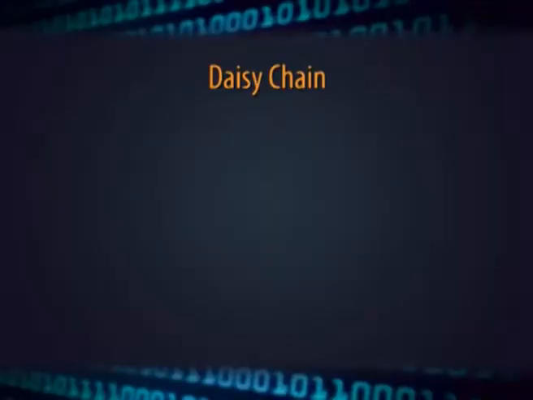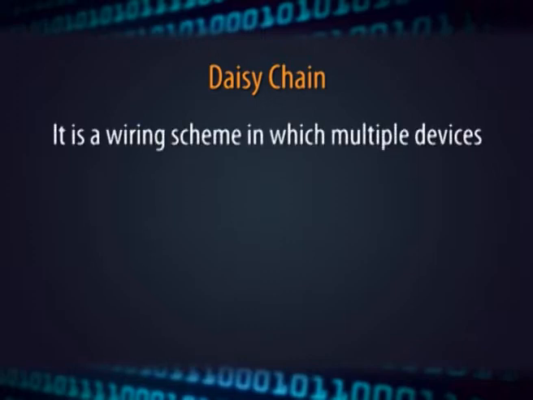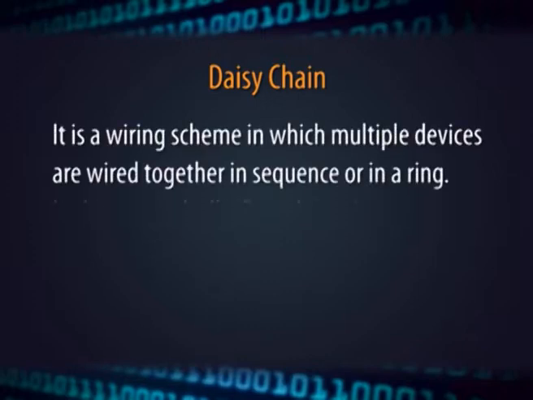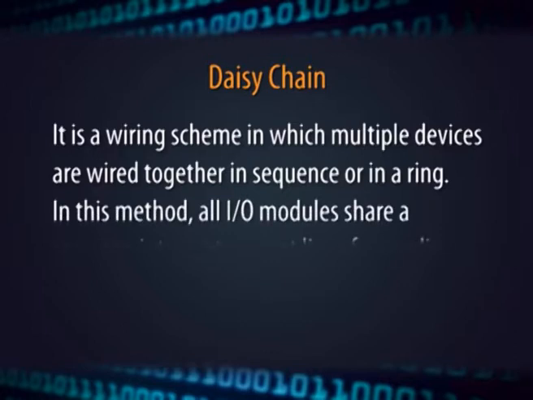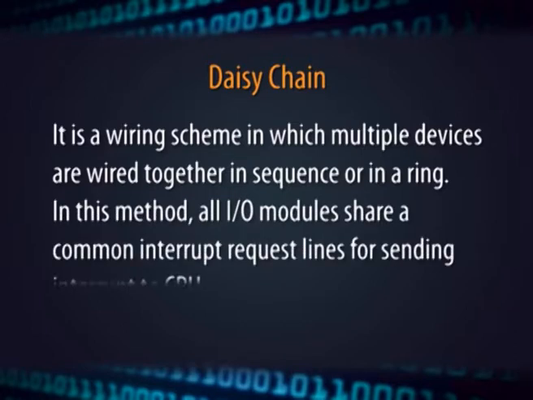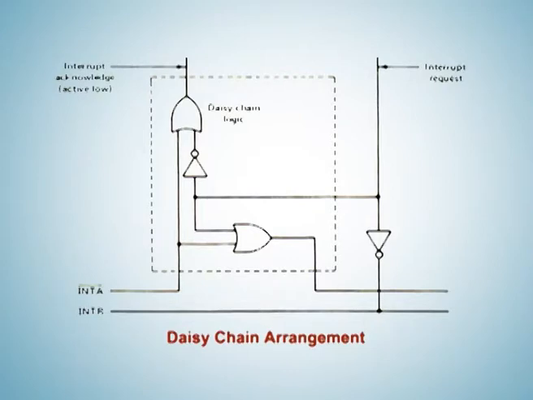The next design technique is daisy chaining. It is a wiring scheme in which multiple devices are wired together in a sequence or in a ring. In this method, all I/O modules share a common interrupt request line for sending interrupts to the CPU. However, the interrupt acknowledge line is connected in a daisy chain.